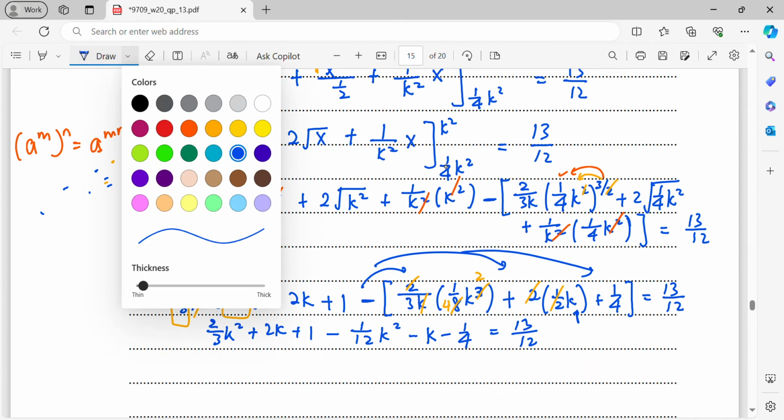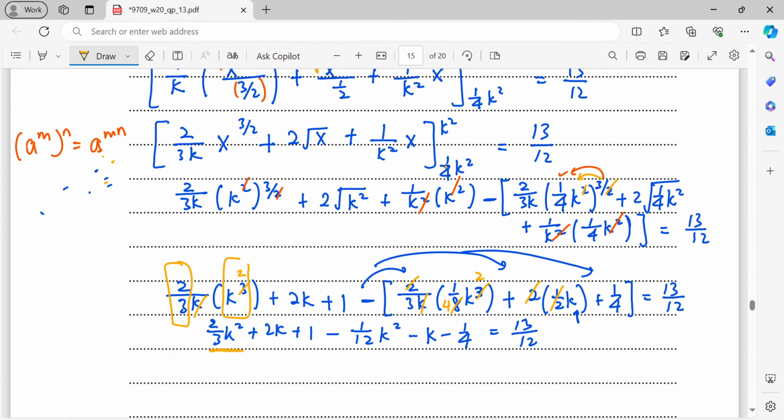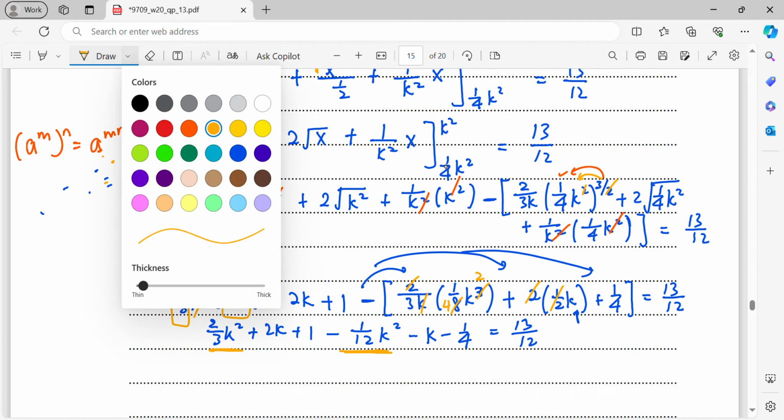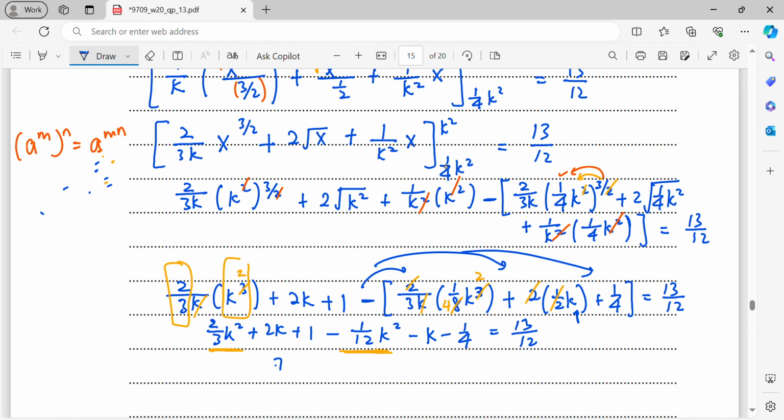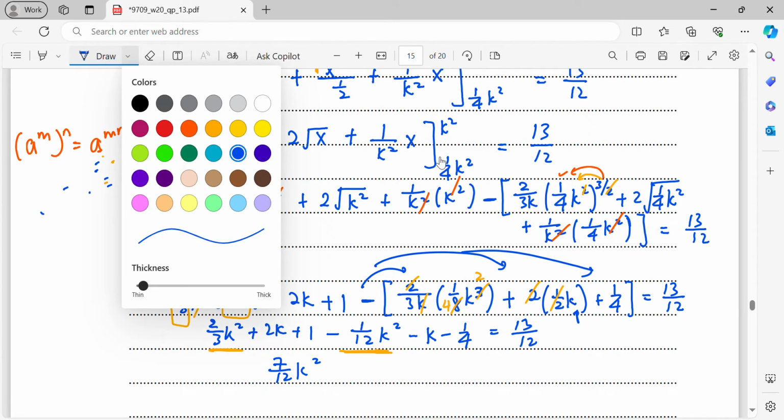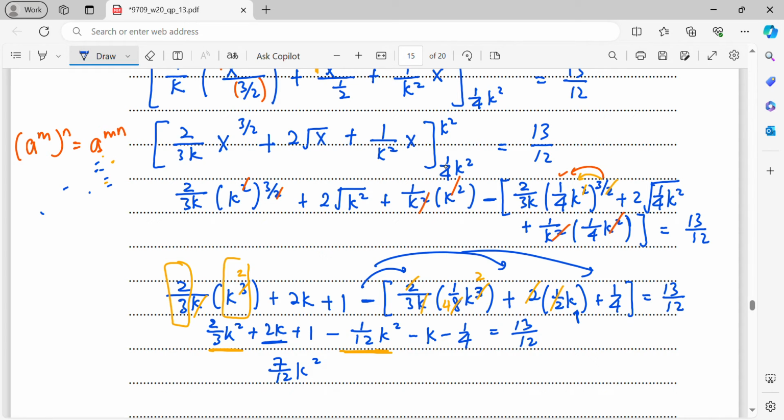So when you look at this, 2 over 3k squared minus 1 over 12k squared, it will be 7 over 12k squared. Then after that, 2k minus 1k, it is plus k. Lastly, 1 minus 1 over 4, that is plus 3 over 4.